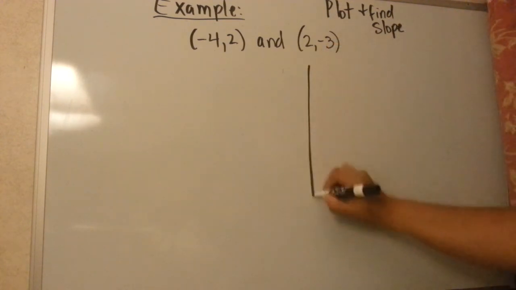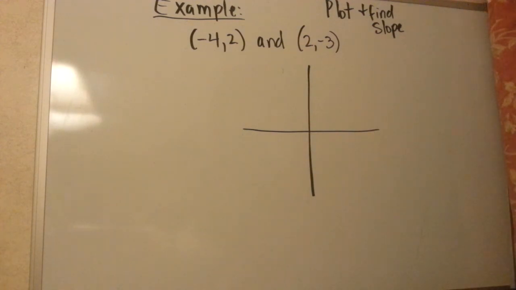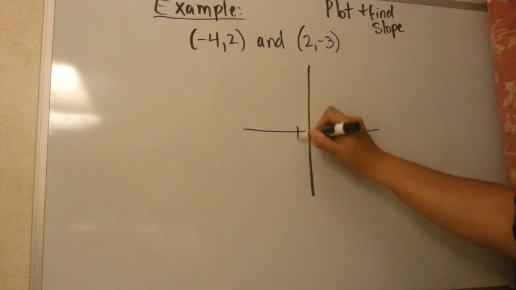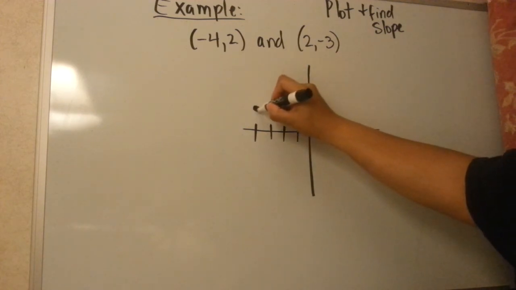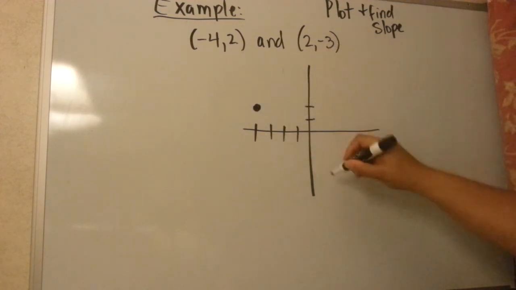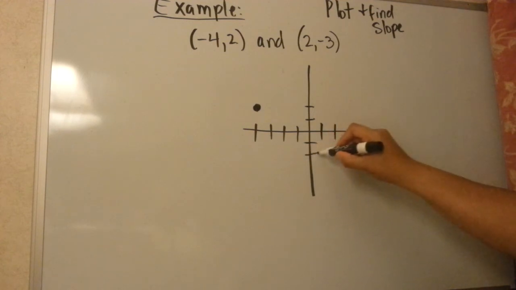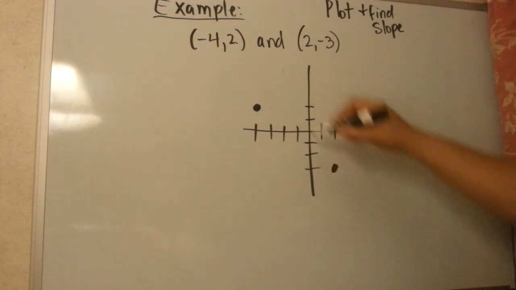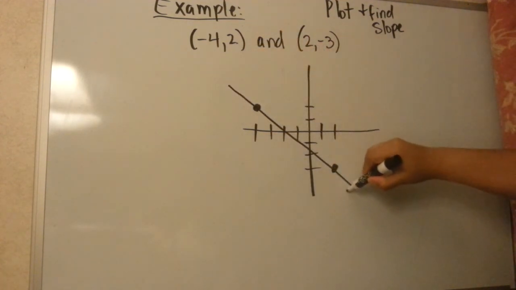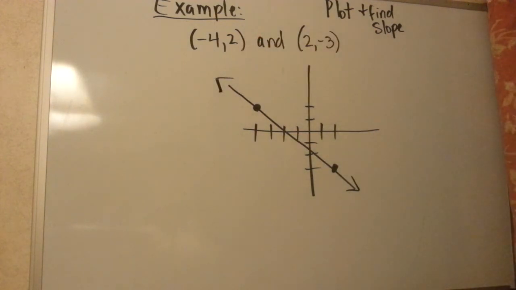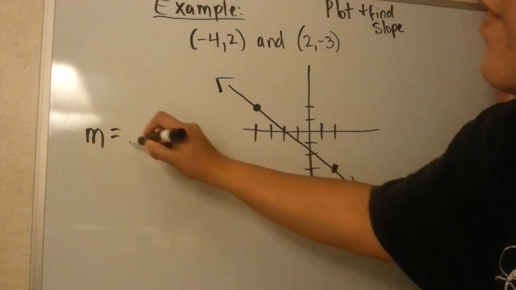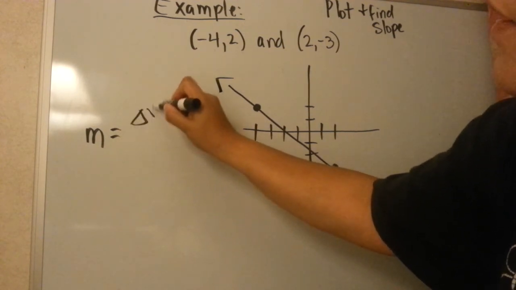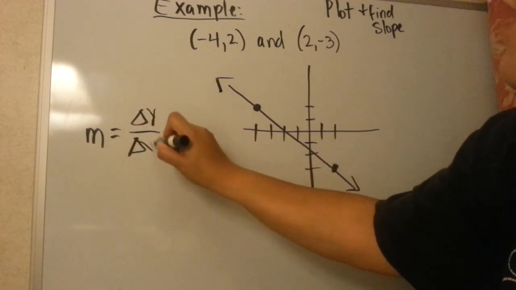The first thing you do, since you have two coordinate points, is plot -4, 2, so -1, -2, -3, -4, and up 2. And then we have 2, -3, so 1, 2. So that's the line. And then we have to find the slope, and we said the slope was the change in y over the change in x, right?